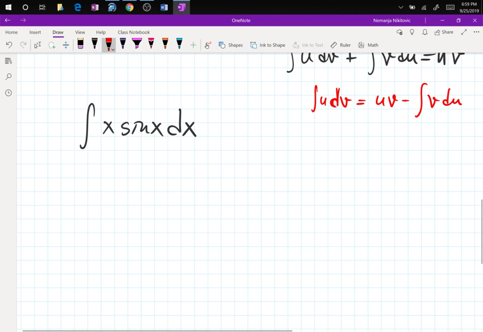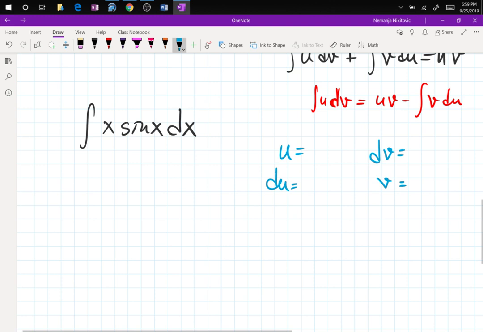Those four, right? You have 6 things over here; u and v repeat twice each. So we have the 4 players. Now, look at this, guys. You go like this: u equals, dv equals, and then du equals, and then v equals. So that will be the setup.